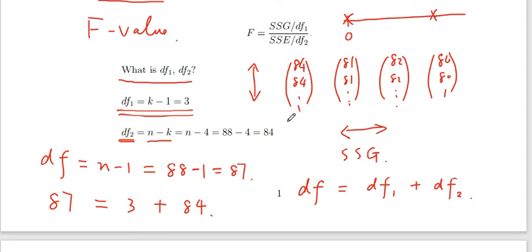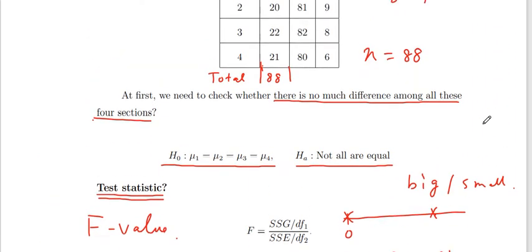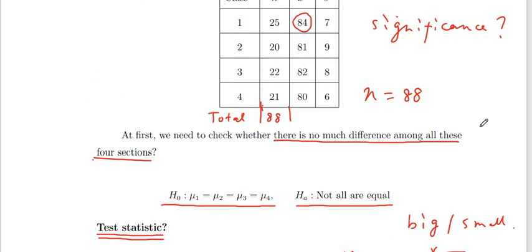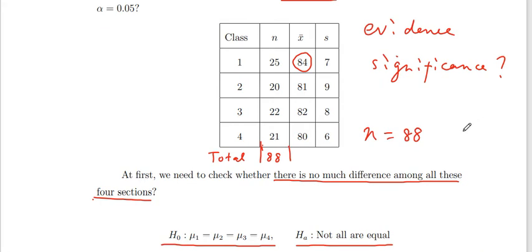So we need to find the average for those numbers. This average is just the average exam score for all classes. Let's say we want to find the average for the total of these 4 classes.